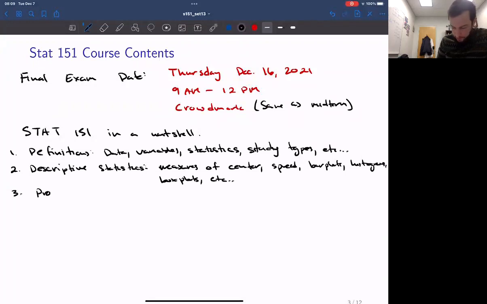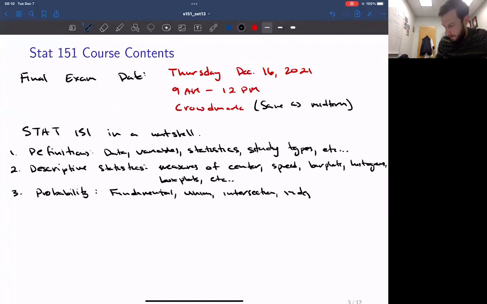Unit 3 was the probability unit. Okay, so in this unit, we studied all different types of probability. So we had the fundamental, we had things like union, intersection, independence, what else did we have?